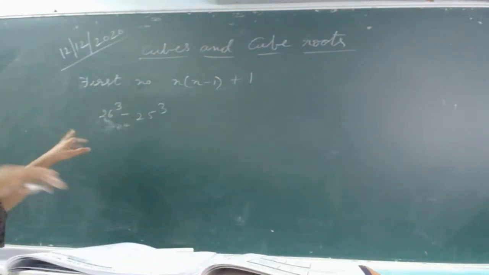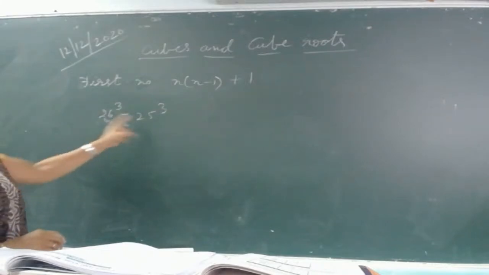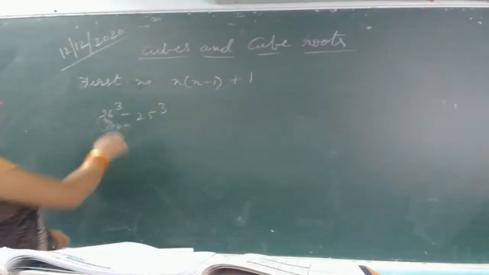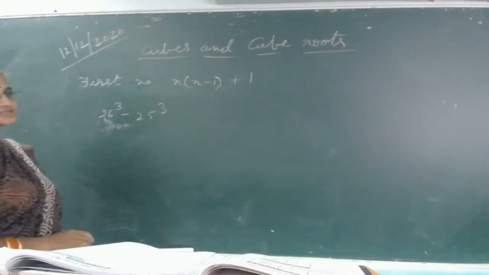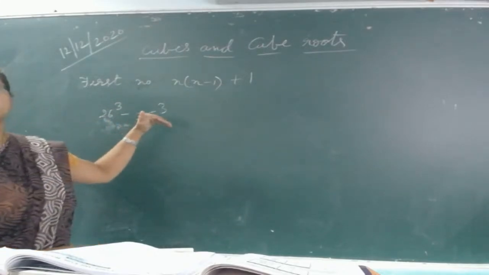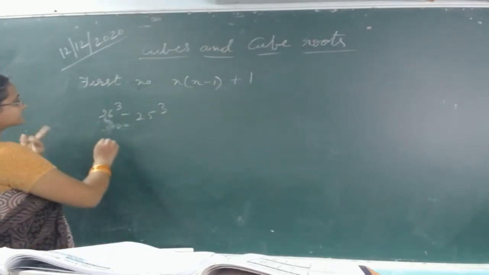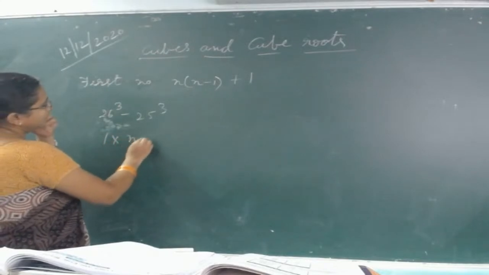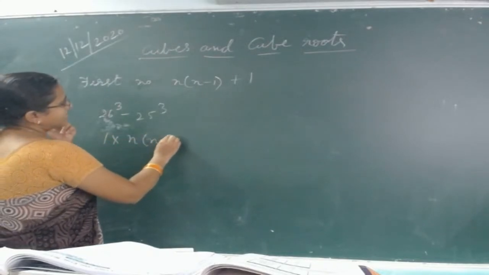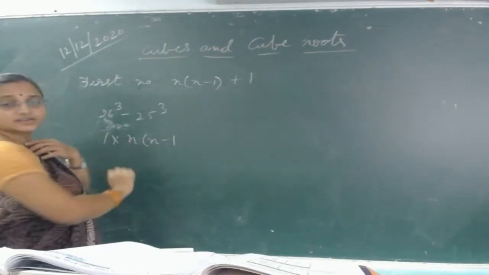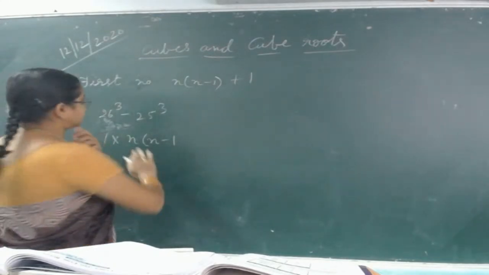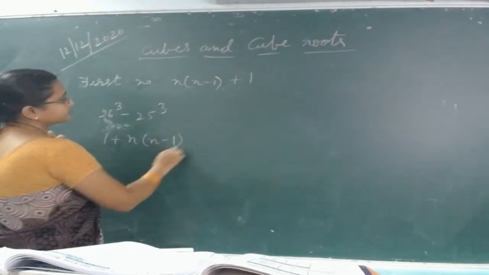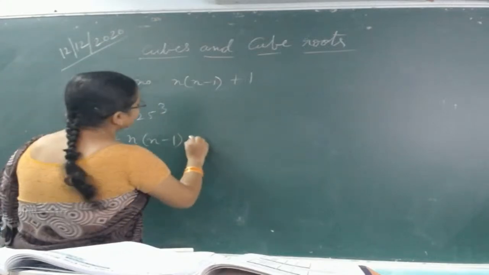So now see 26 cube minus 25 cube. These two are consecutive numbers. Understand or not? So you have to find the difference. For finding this, there is one more formula: 1 plus n into n minus 1 into 3.